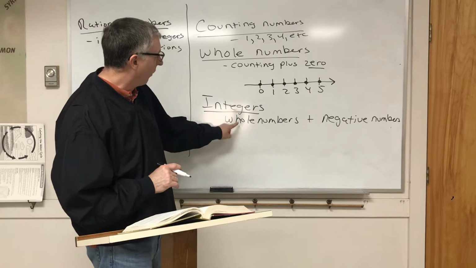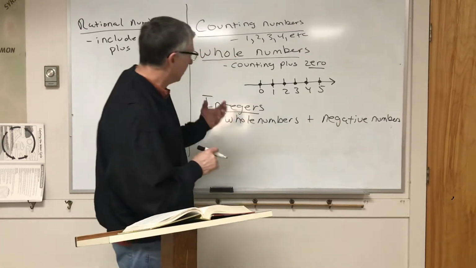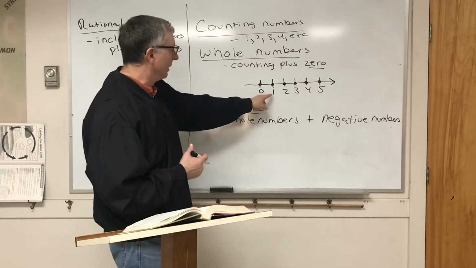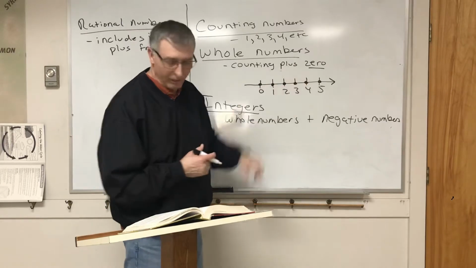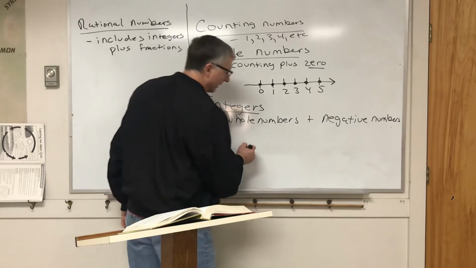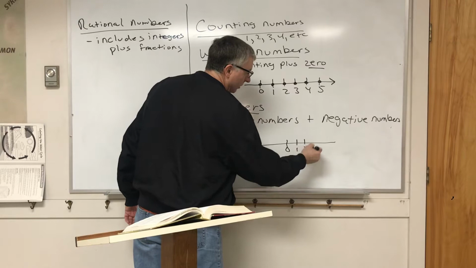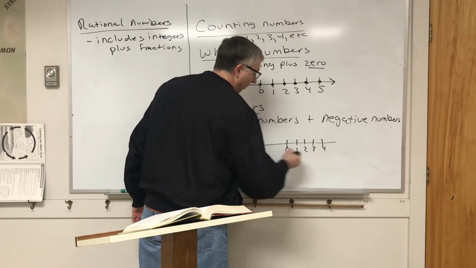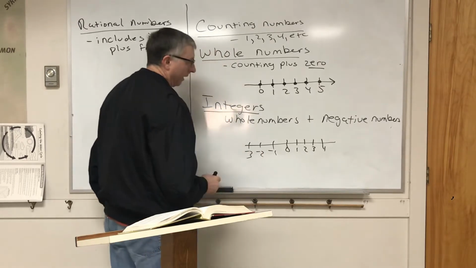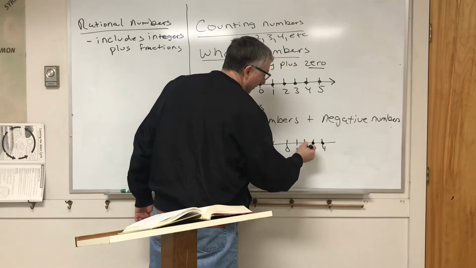Integers then are the whole numbers and then the corresponding negative numbers. So the integers would be all of these, but also -1, -2, -3, -4, and so on. A graph of the integers would look like this. I would put down 0 here, 1, 2, 3, 4, and I'm going to put down dots above each one.